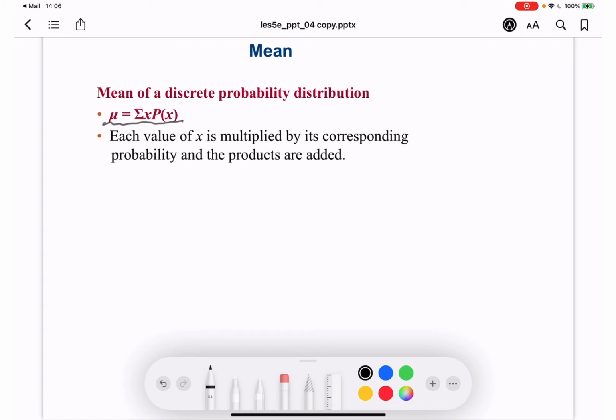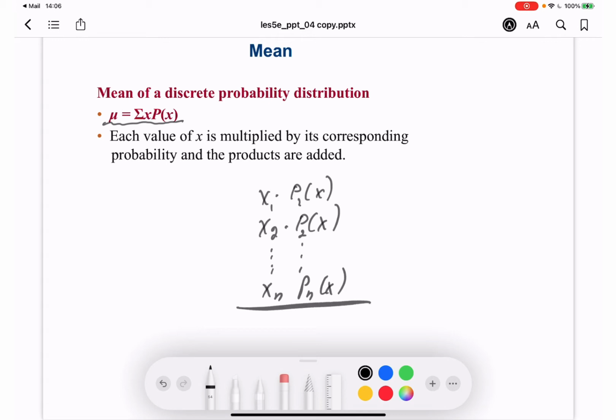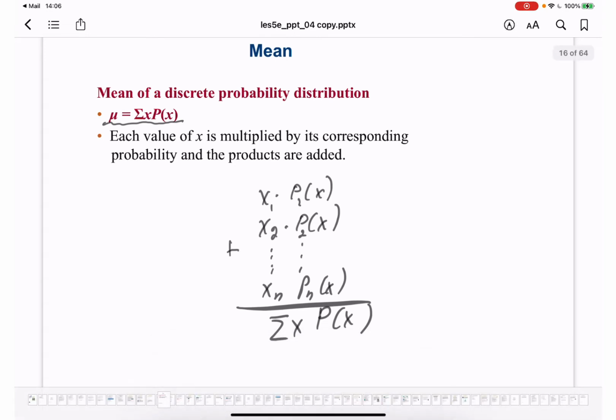Practically we are taking x1 and multiplying by its own probability, and then x2 multiplied by its own probability, and so on up to xn multiplied by its own probability. And at the end, once we add them, we are getting the sum of x times probability of x. And that will be the average of the discrete probability distribution.